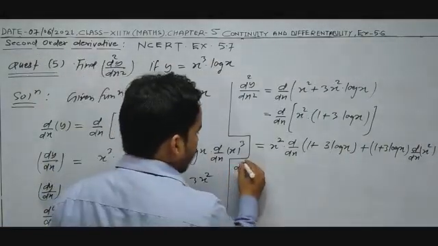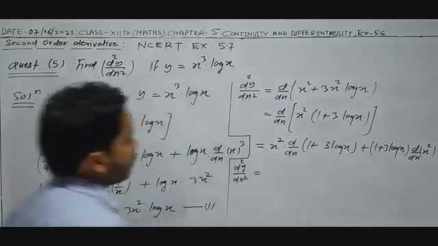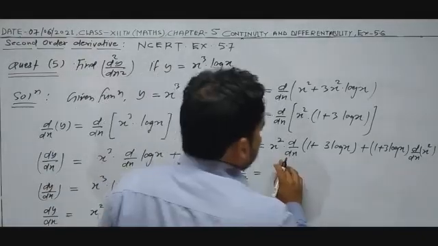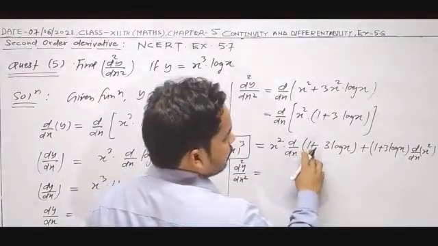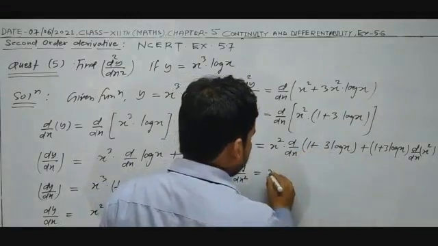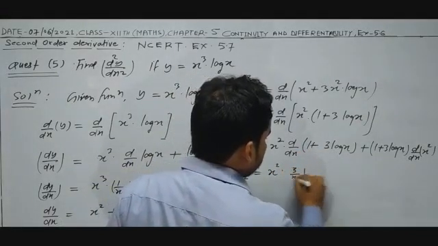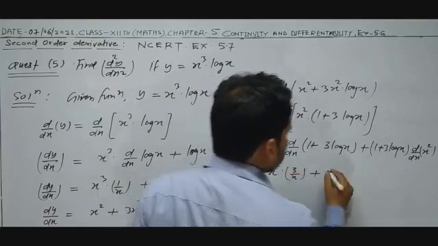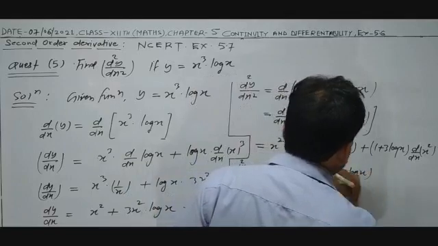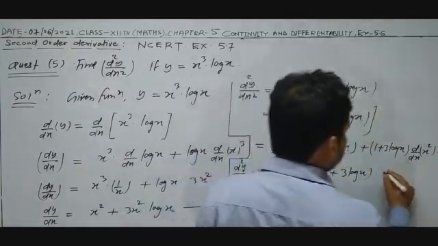So d2y by dx2 is equal to, when you differentiate 1 you will get 0. So 3 times log of x, differentiation is 1 by x, so its result will be 3 by x, plus 1 plus 3 times log of x with x square differentiation is 2x.